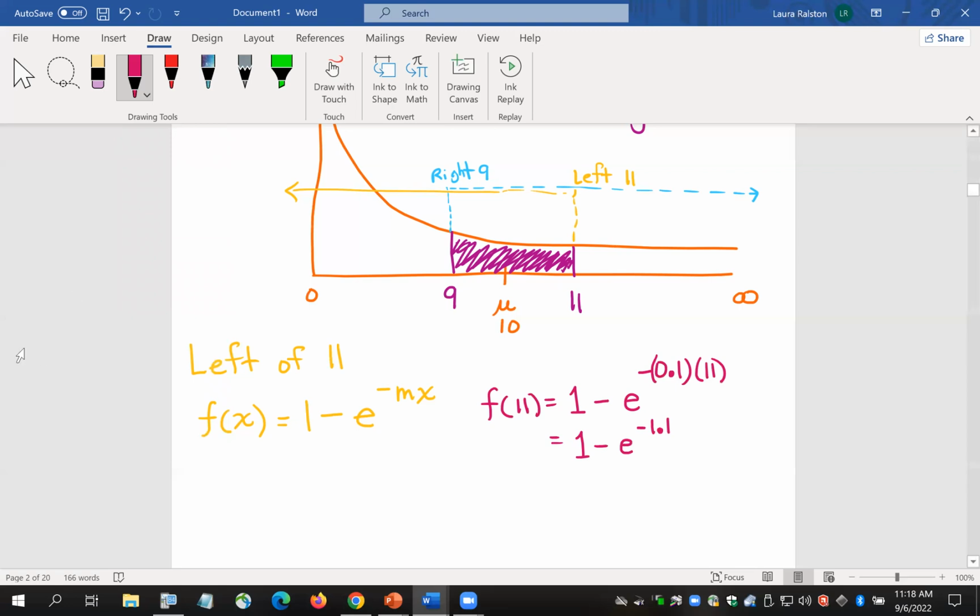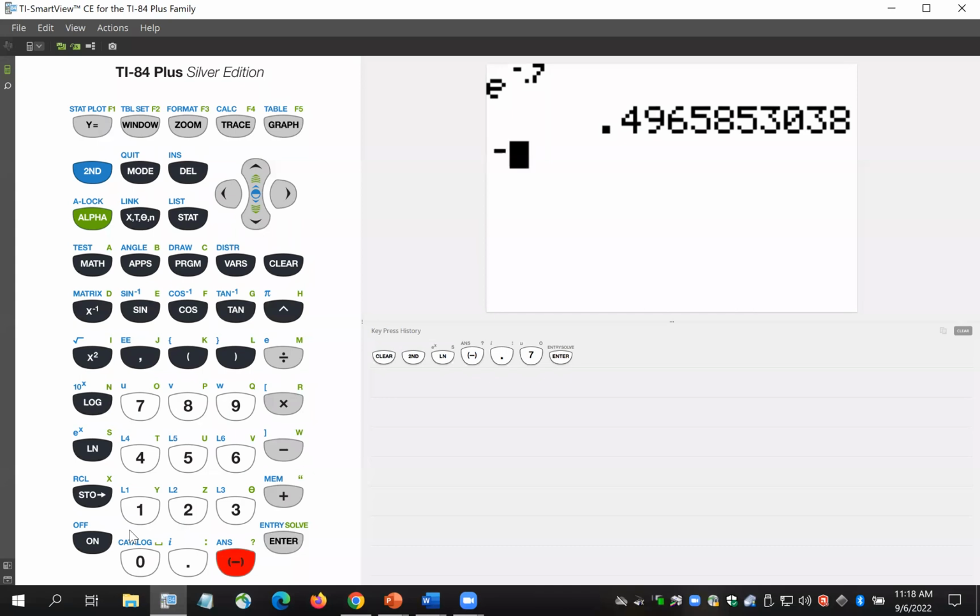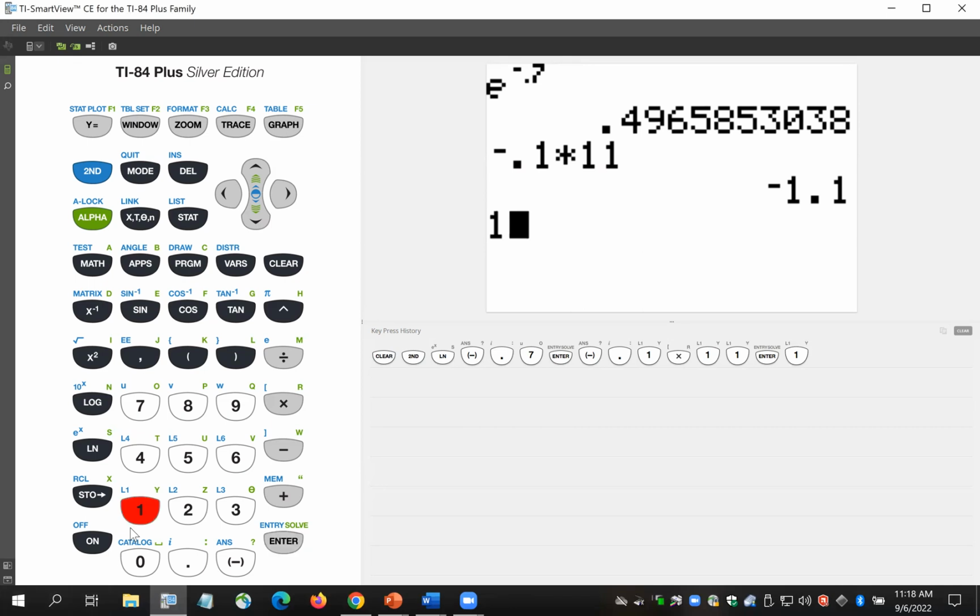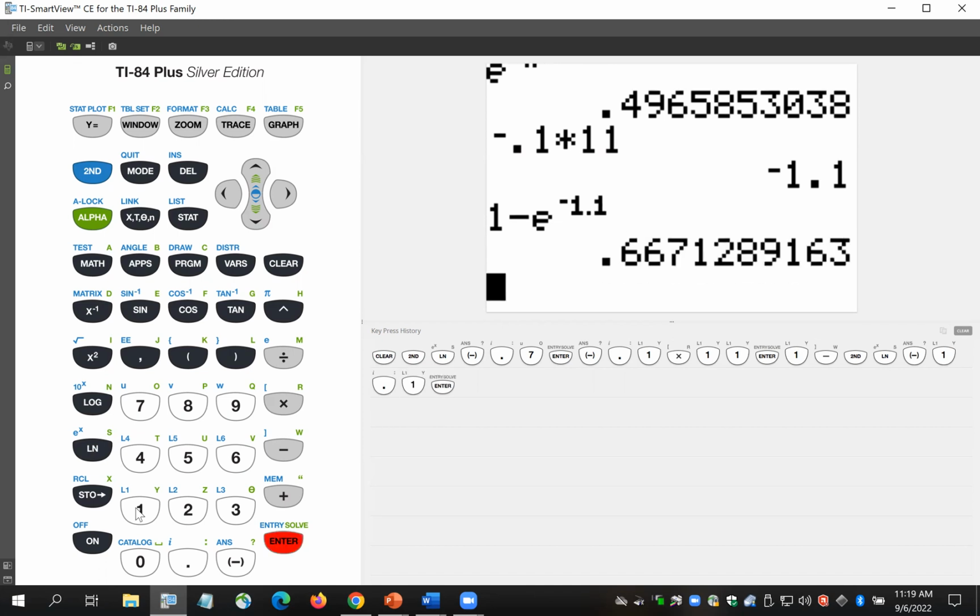Now, if you have trouble doing that calculation in your head, guys, please go over to the calculator and do negative 0.1 times 11. If you struggle with the calculations, don't make an error. Use the resources. So then I'm going to do 1 minus e to the negative 1.1, and I'm going to enter.